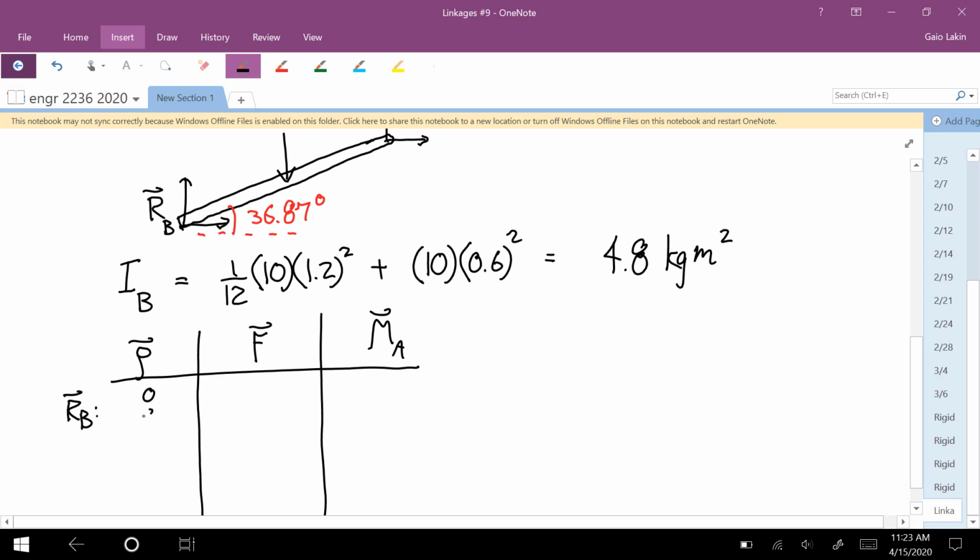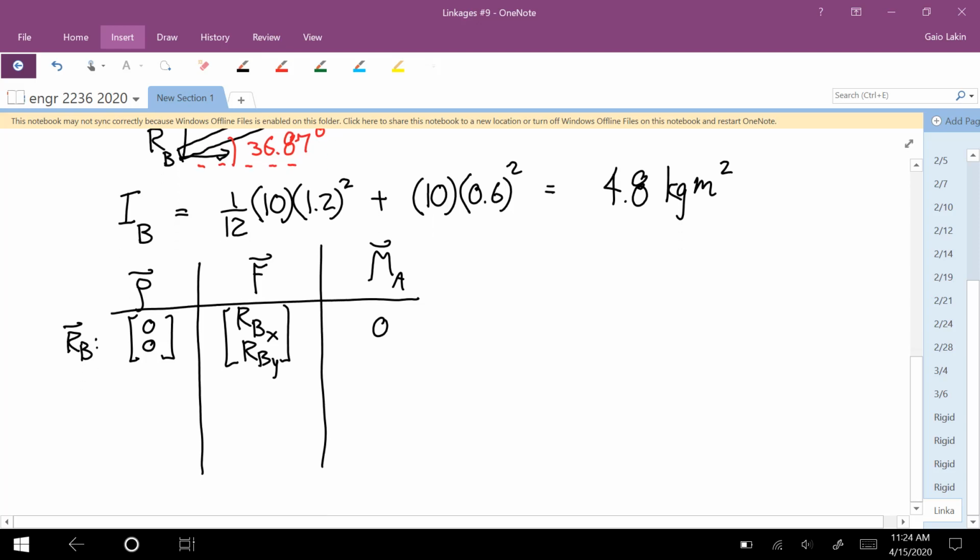So the rho vector is 0. The force vector is RBX, RBY. Let's just do this in 2D. And so there's no Z component of the moment.